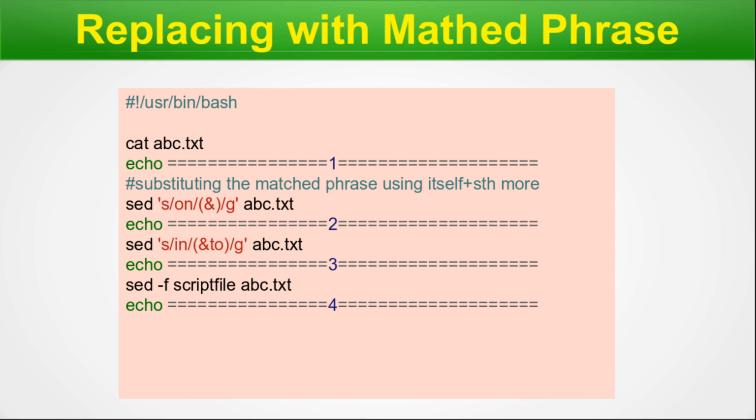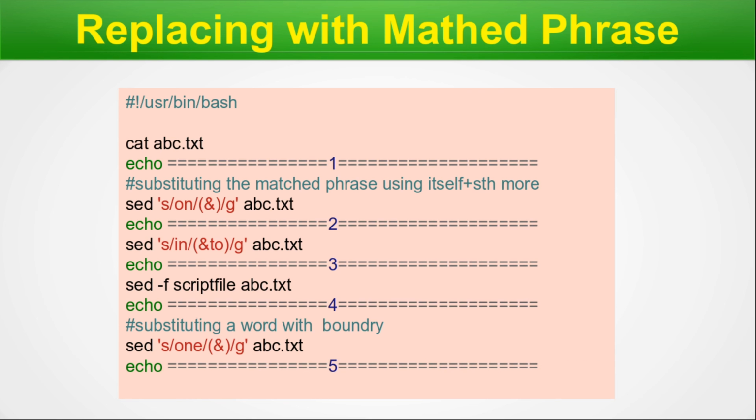The fourth separator is echoed, substituting the word with boundary. We substitute one with itself, that is the ampersand, within the parenthesis. We echo the next separator, and we substitute the bone and then with the ampersand. So try out all these examples, because it's all for learning.